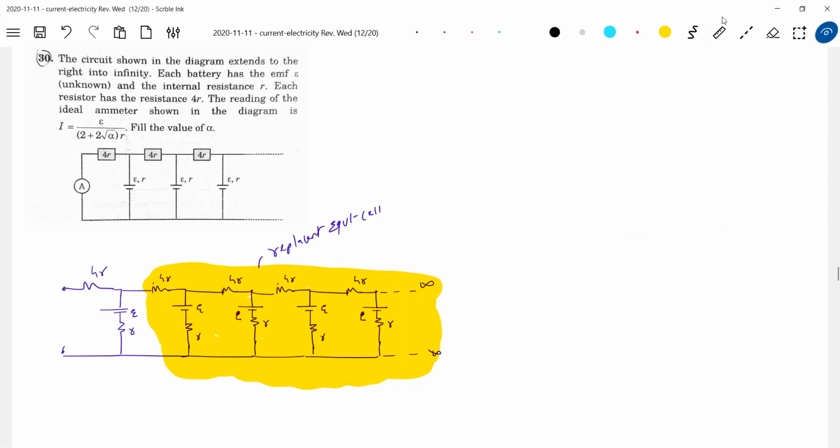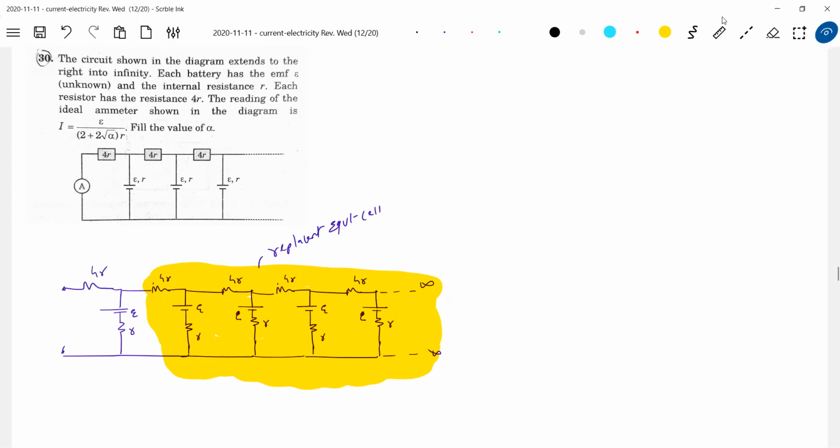So what is the EMF of that cell? Let it be E. And the equivalent resistance, let it be R. We don't know that value. Both EMF and R, we don't know. For this network, if you eliminate this part, it means instead of calculating at AB, if you calculate at CD, what would be your answer?